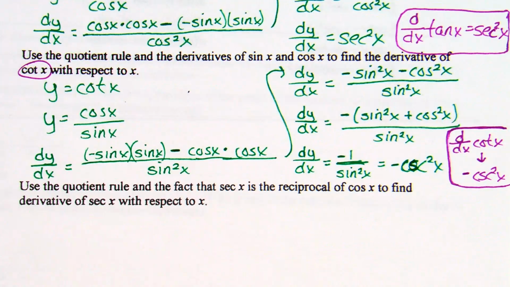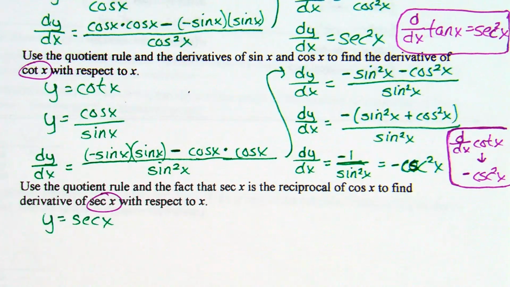Okay, what's the next one I'm doing? Use the quotient rule and the fact that secant is the reciprocal of cosine to find the derivative of secant x. So I am starting with y equals secant x.